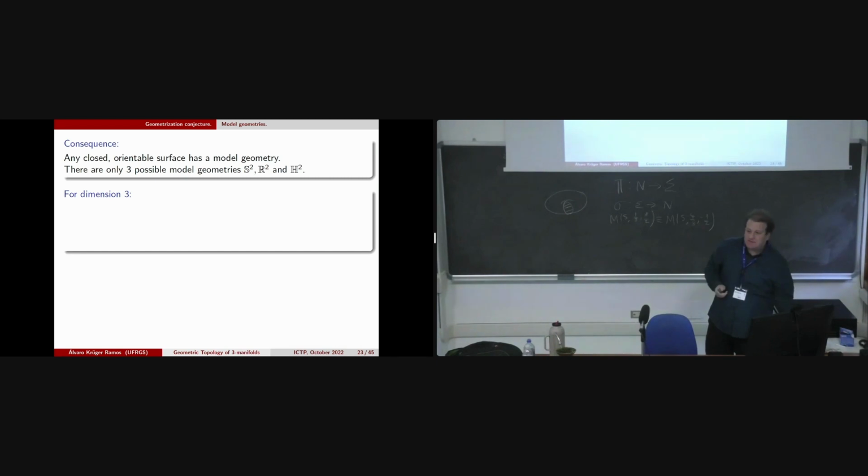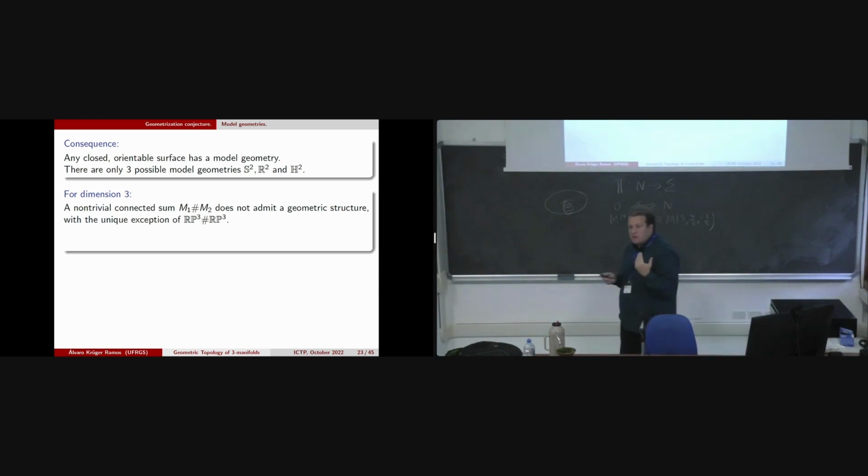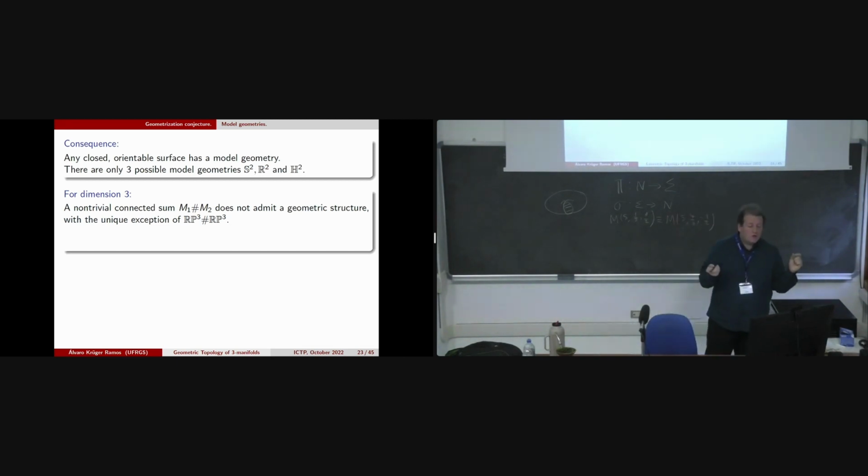Okay, let's take a brief look at dimension 3. It's not very difficult to see that a connected sum never admits a geometric structure unless you have RP3 connected sum with itself, which is a bundle over S1 and so on.